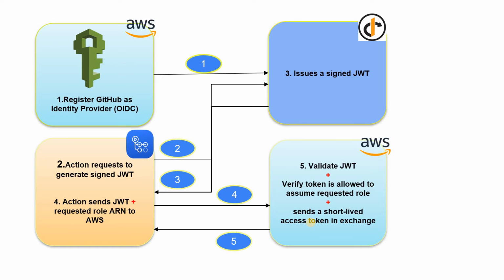It returns an access token of a certain lifespan, let's say 5 minutes, 6 minutes, 1 hour, something like that. That token is returned to the GitHub Actions, the connection to AWS is established, and then the GitHub Action starts to do its job. Okay, so basically this is what happens.